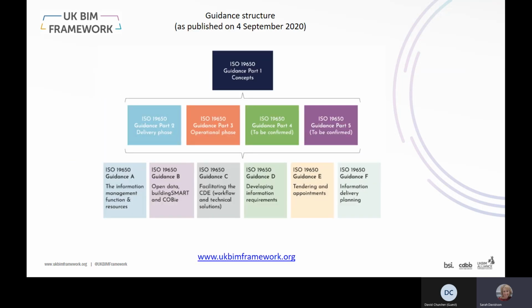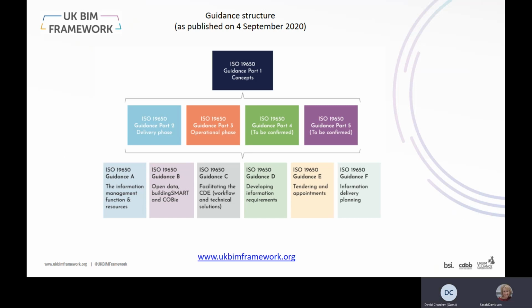We now have Part 1 guidance setting out the concept of the ISO 19650 series overall. Part 2 guidance considers the specific requirements of ISO 19650 Part 2, and Part 3 guidance, which has only recently been released, is starting to explain the requirements of ISO 19650 Part 3.